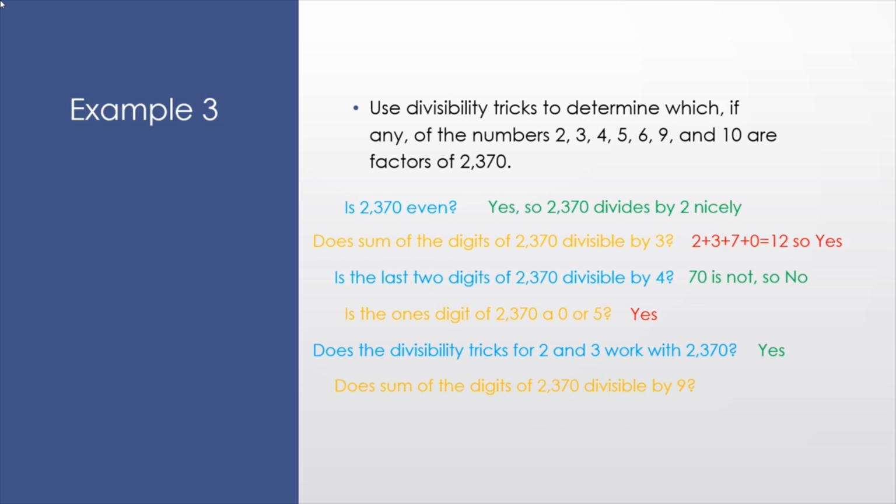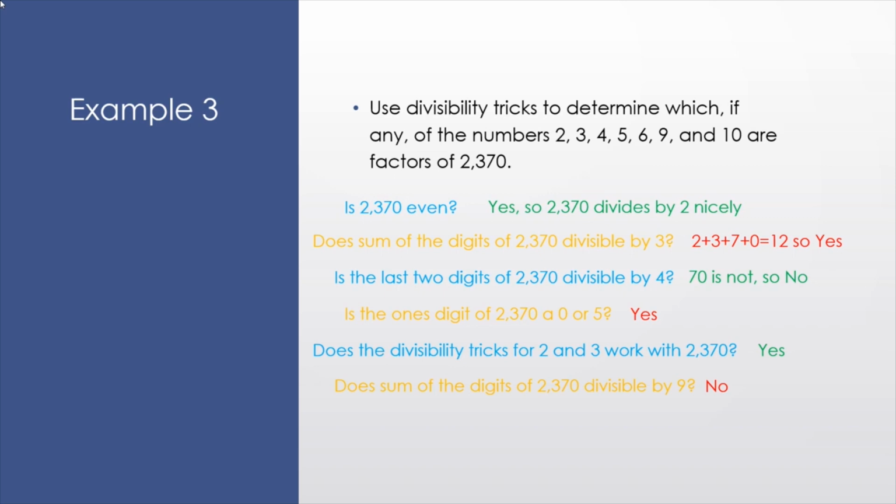So is this number divisible by 9? Well, if I add up the digits, and I've done that before, it adds up to 12. Well, 12 is not divisible by 9, so that means that the number is also not divisible by 9.